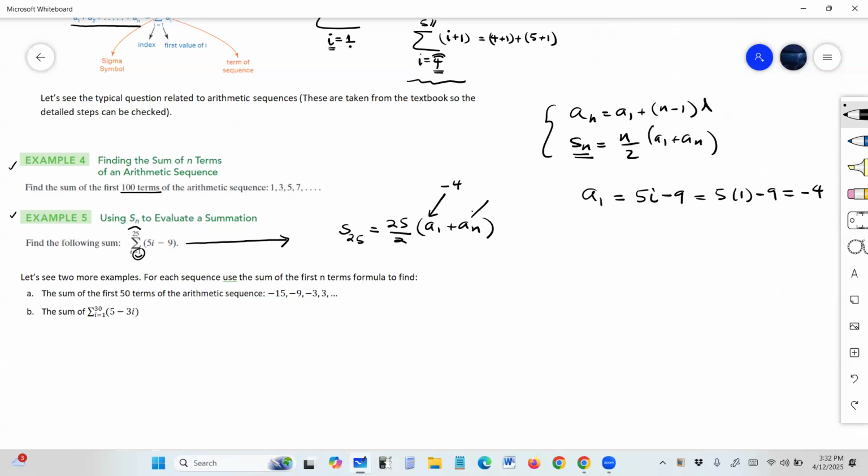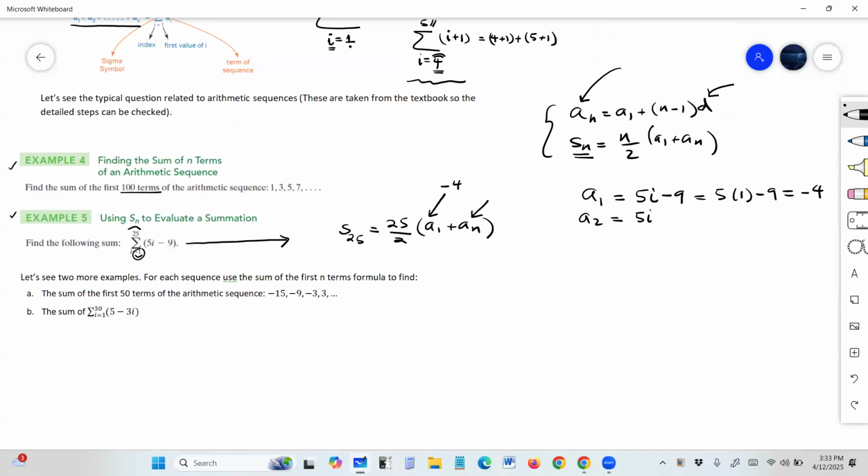Now I have to find the last one. To find the last one, I'm going to use this formula, but I need to know d. I know d is the common difference, which is a fixed number, the difference of the current minus the previous. So I'm going to find A2.